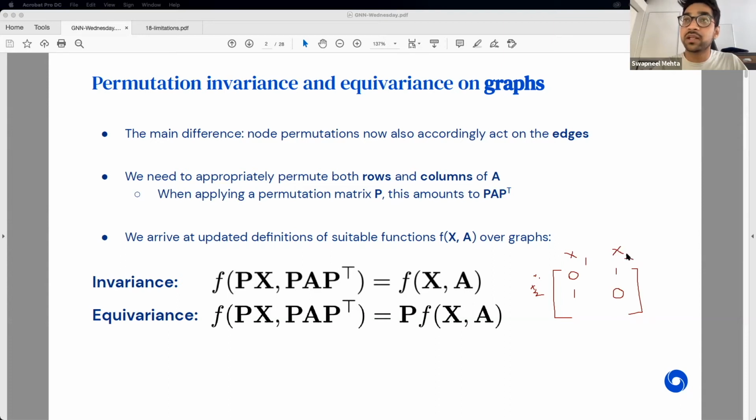If the matrix is symmetric, that means if x1 has an edge to x2, which is indicated by this one, that also means x2 has an edge to x1, which is indicated by this one, right? This makes it undirected.